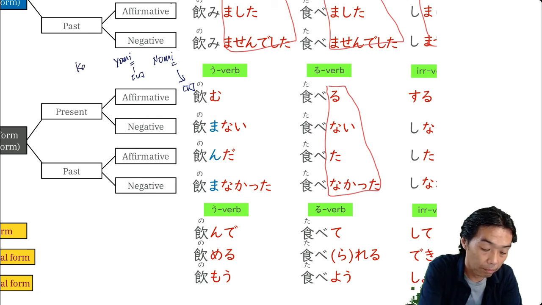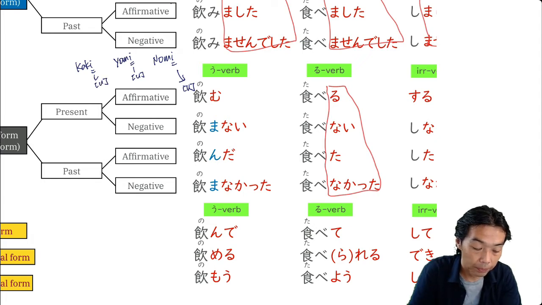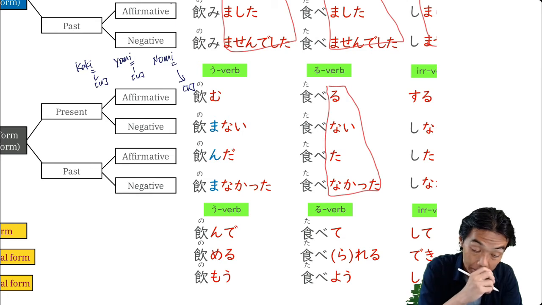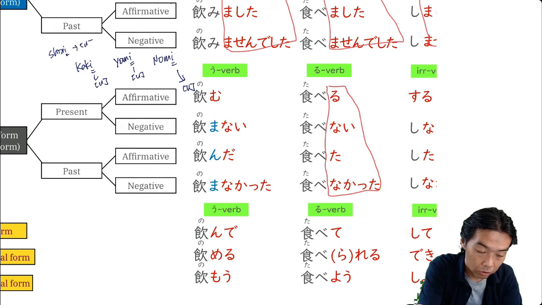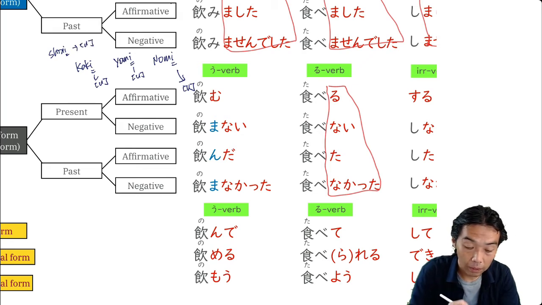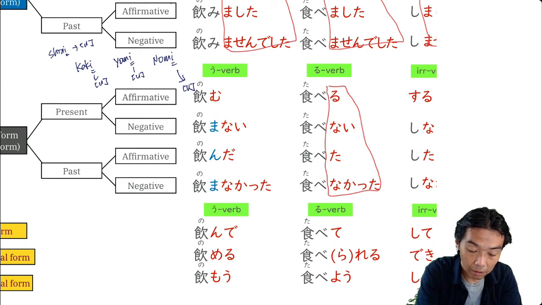Kakimasu becomes kaku. Shinimasu becomes shinu. So what's happening here is we change i in the stem to u.